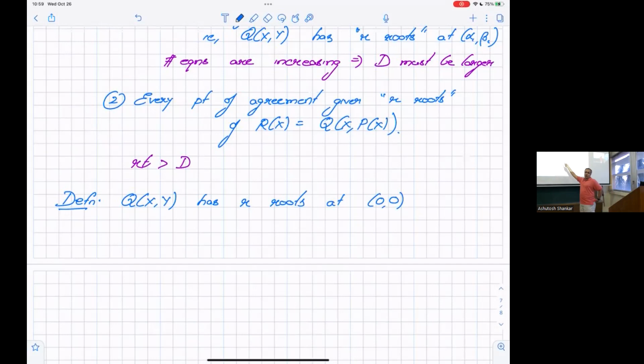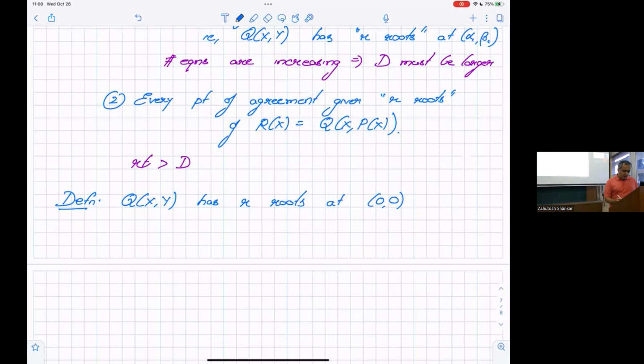What does it mean to have two roots at 0, 0? It doesn't have any linear term either. So R roots means, when you look at the polynomial expansion of Q of xy, there's no x to the i, y to the j term in it such that i plus j is less than R.